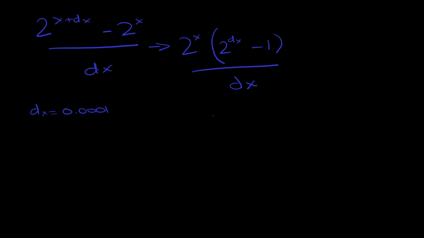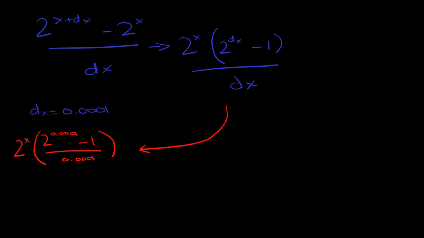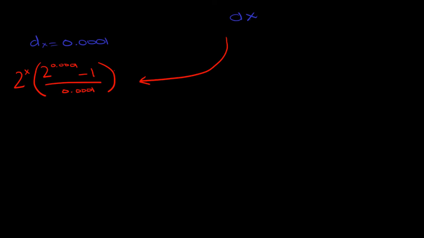Well, this equation just becomes 2 to the power x times (2 to the power 0.0001 minus 1) all over 0.0001. And if you plug this into a calculator, the right side of the expression is somewhere around 0.6931.